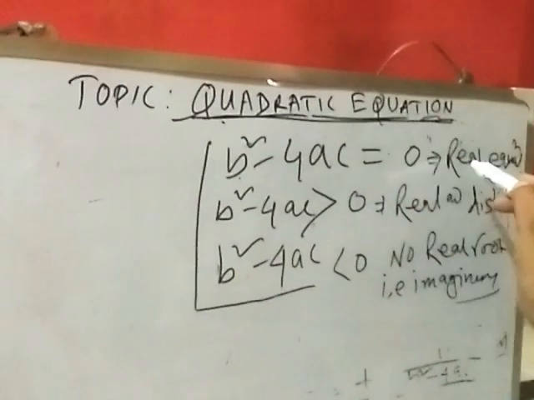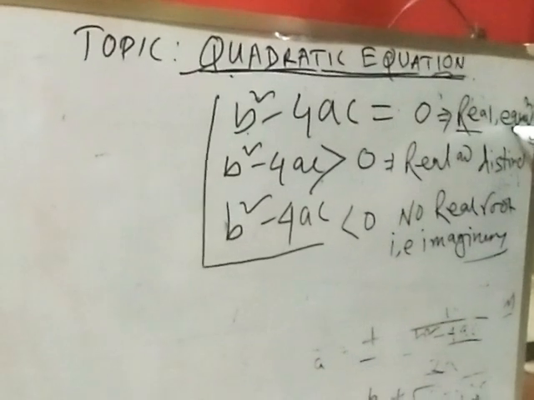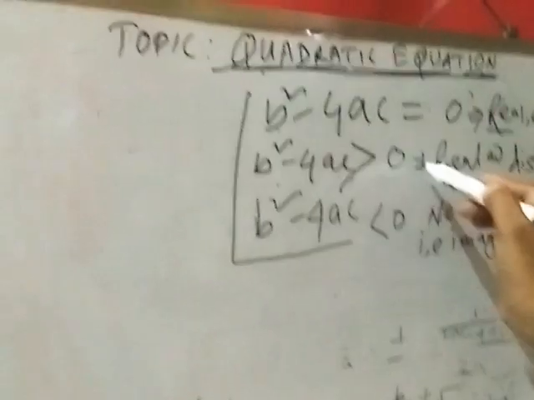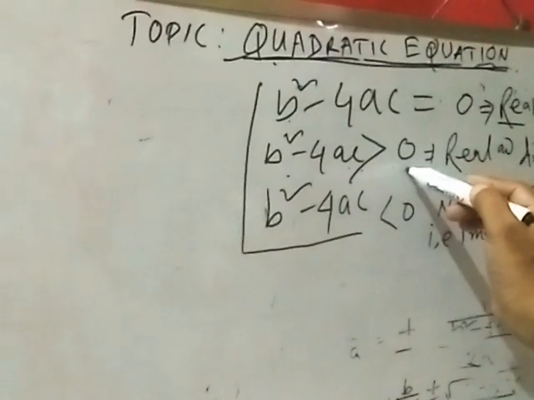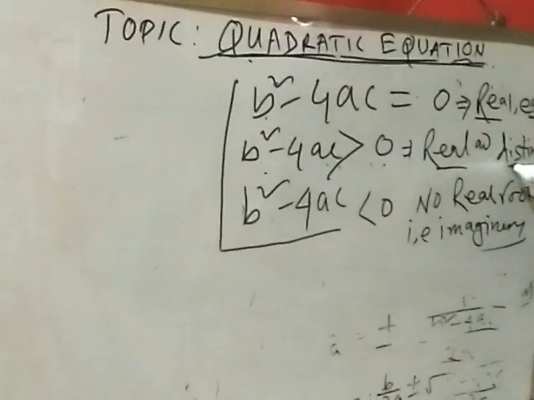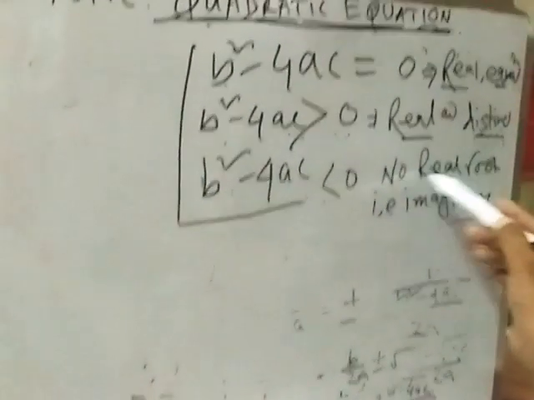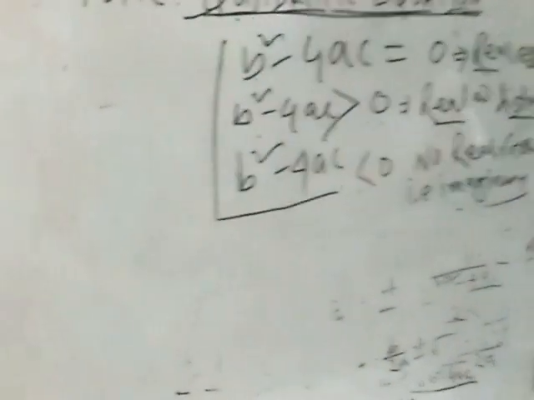Equal to 0, roots are real and equal; greater than 0, real and distinct; and if it is less than 0, no real root, just imaginary.